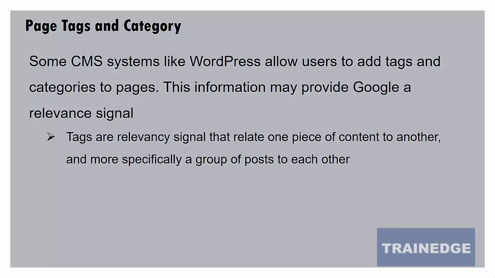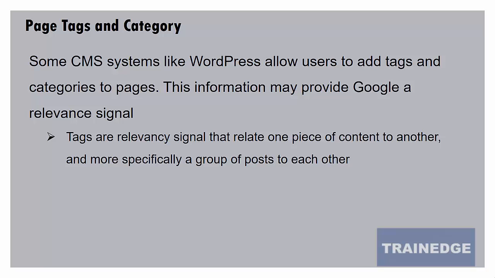So if a particular post in a category is doing well and then there's another post which is tagged with the same category, Google will look at the second post and say, okay, this is related to the first post. And if the first post has high page authority, high topical authority, and is doing well for certain keywords, the second page may also do well for the keyword, because Google might think that the second page is also on a similar topic because they are categorized the same way.